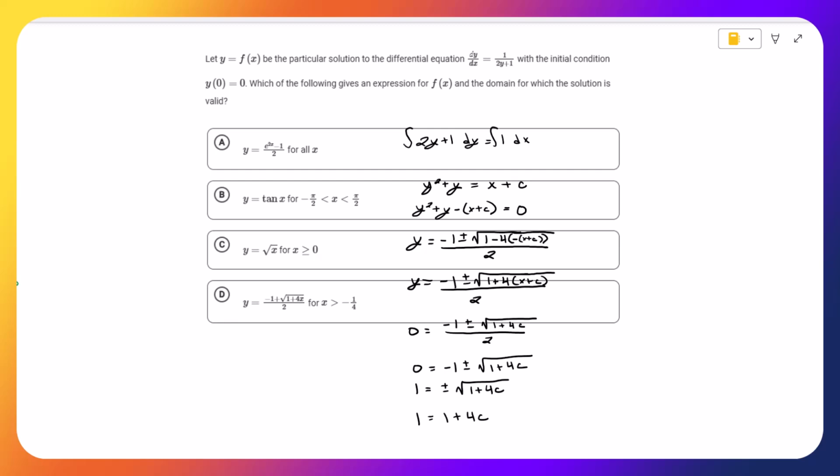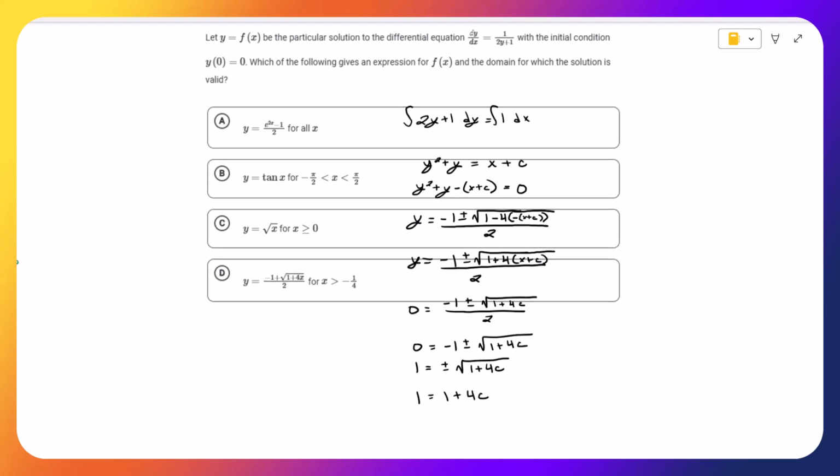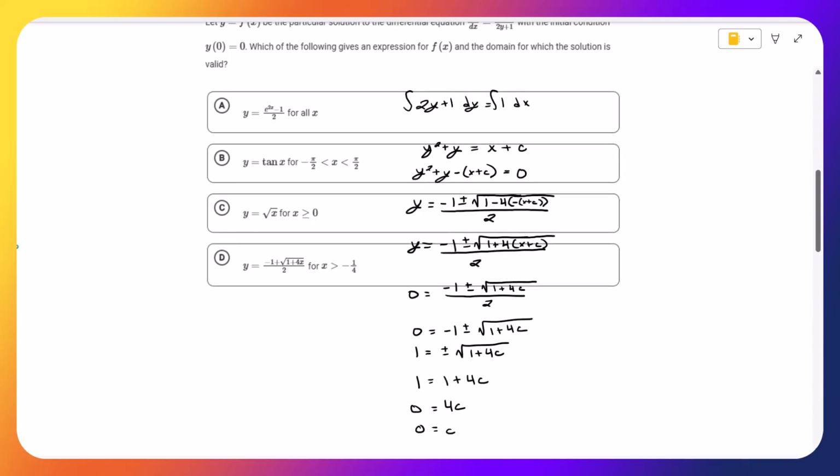We get 0 equals 4c. That gives us that 0 equals c. So c equals 0. So then we're left with our particular solution: y equals negative 1 plus or minus the square root of 1 plus 4x, divided by 2.